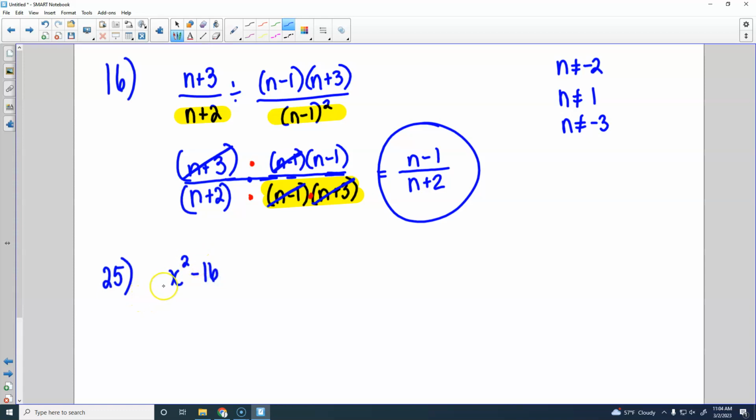So we're going to do 25. X squared minus 16 over 9 minus x, times x squared plus x minus 90 over x squared plus 14x plus 40.